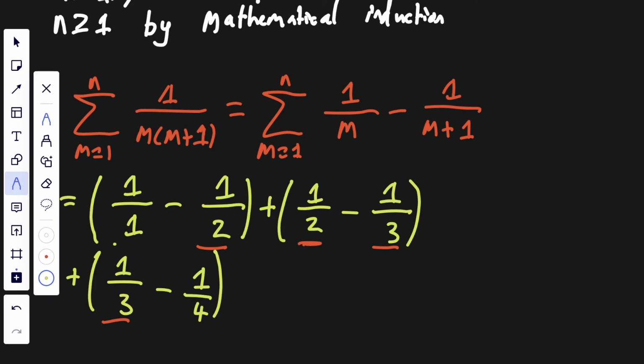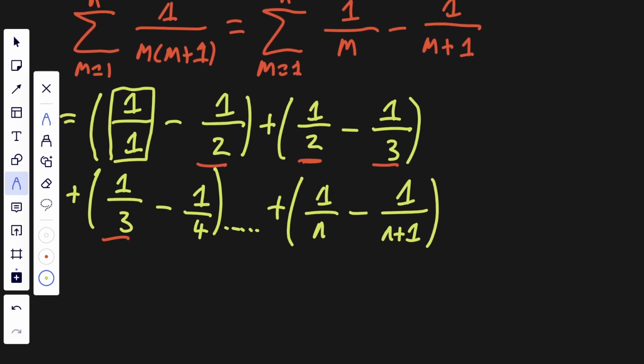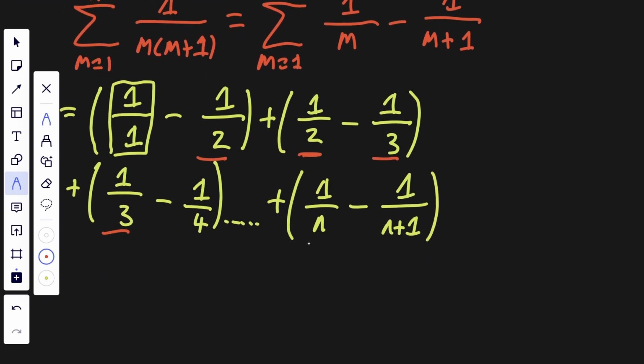This term is going to survive. The first term is always going to cancel with the previous term. So this last term will survive. So if we dot along here like this, we go up to the nth term. So we've got 1 over n minus 1 over n plus 1. Like so. Well, this term is going to cancel.